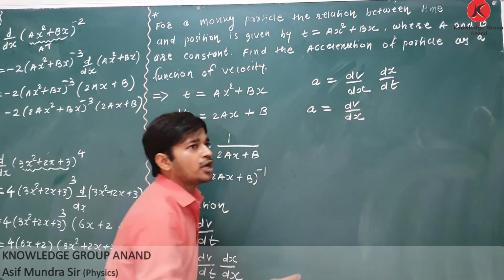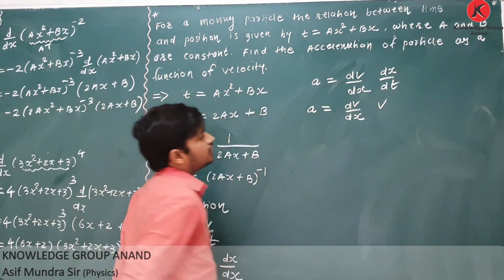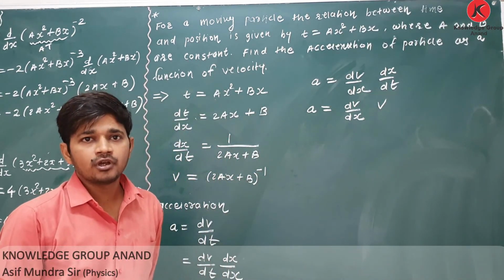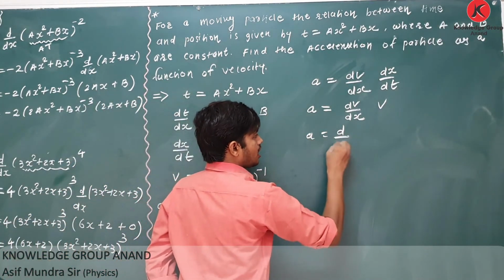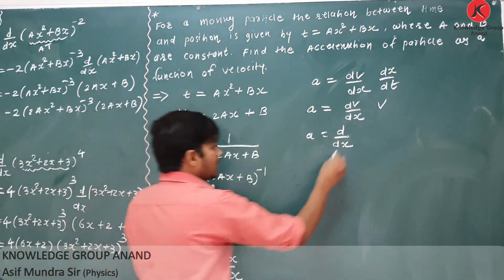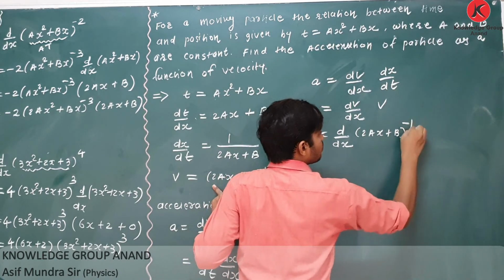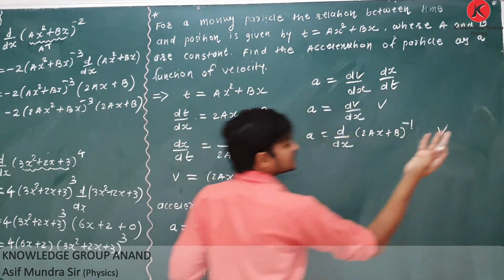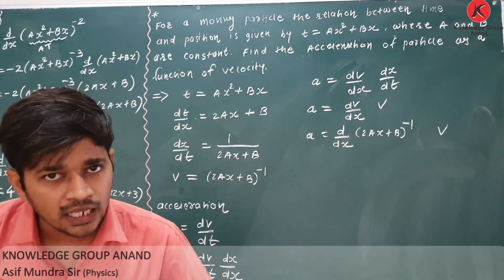What is dx upon dt? It is v. Clear about this? Okay, now a is equal to v dv upon dx. What is the equation of velocity? Here it is, (2ax plus b) raised to minus 1, and this v as it is.